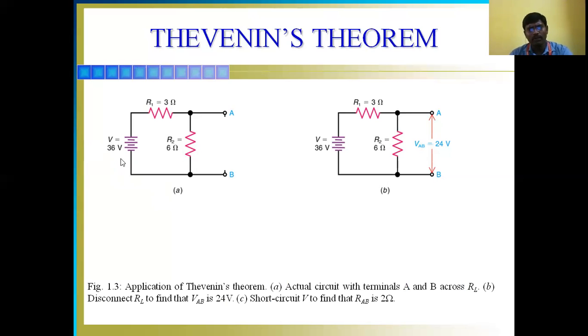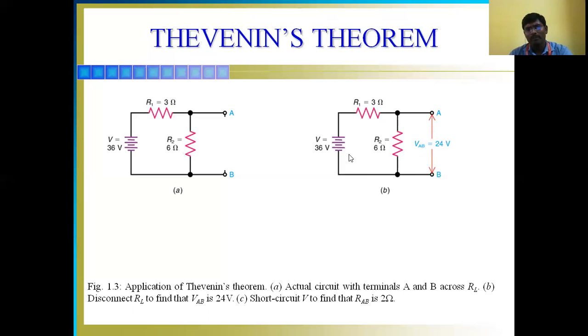There is only one voltage source, 36 volts, and R1 is 3 ohm and R2 is 6 ohm. The open circuit voltage VThevenin is equal to the voltage across the 6 ohm, V6. Here you can apply the voltage division rule, because it is a series circuit: 36 volts, 3 ohms and 6 ohms are in series.